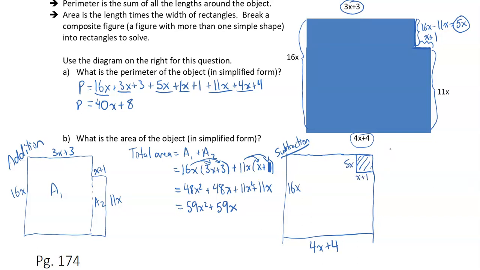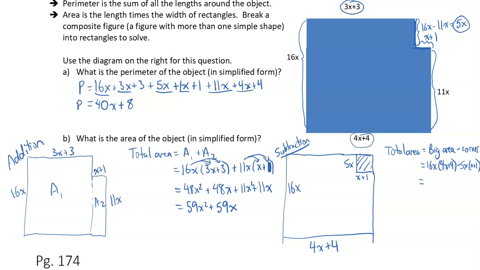And so in this case, we say the total area is equal to the big area, the entire rectangle, minus the corner area. The big area is just going to be 16x times 4x plus 4, and the corner area is going to be 5x times x plus 1.